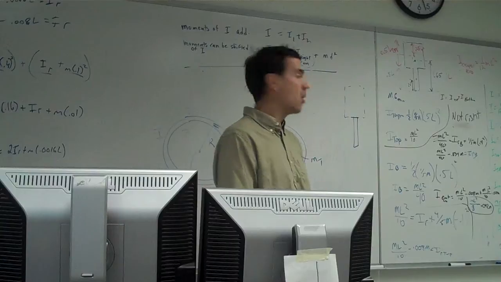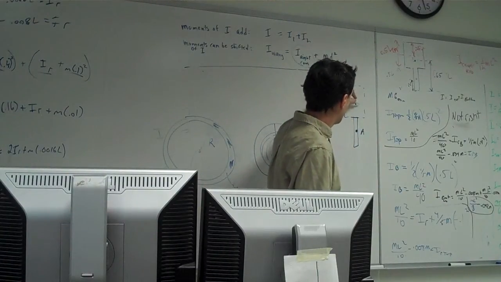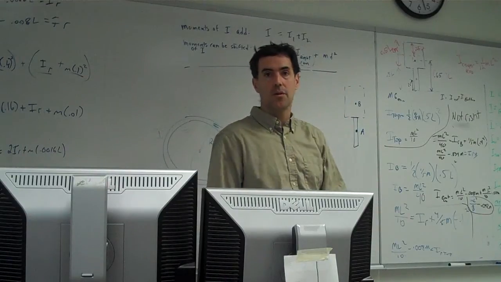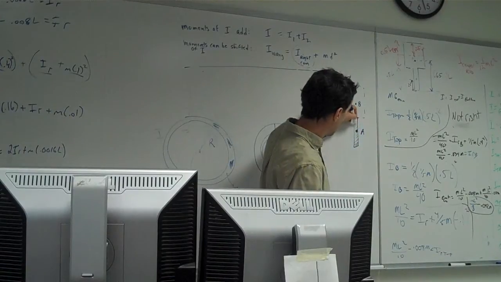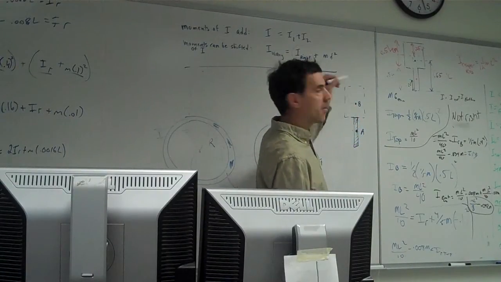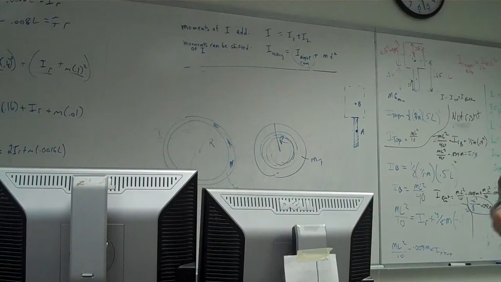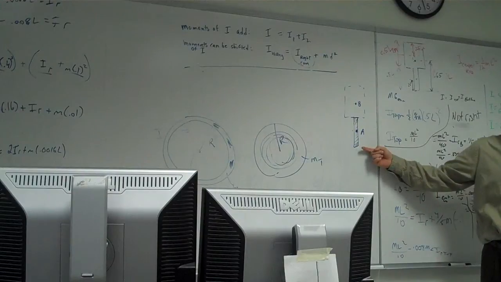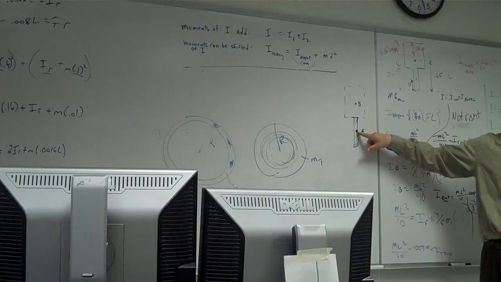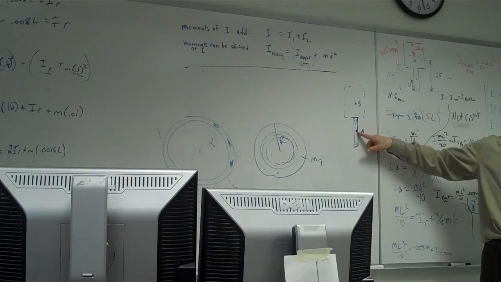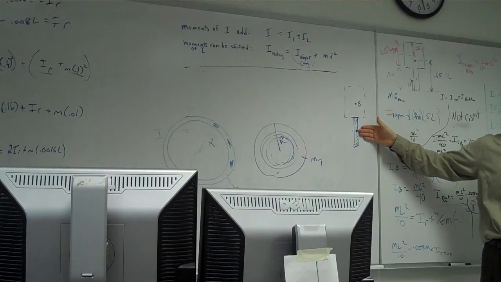If I'm going to compare the moment of inertia of this bottom handle around point A or around point B, so I'm calculating the moment of inertia due to just this bottom bit, for that same amount of mass, on average the distances will be bigger to point B than they will be to point A. And therefore the moment of inertia will be bigger around point B than around point A.